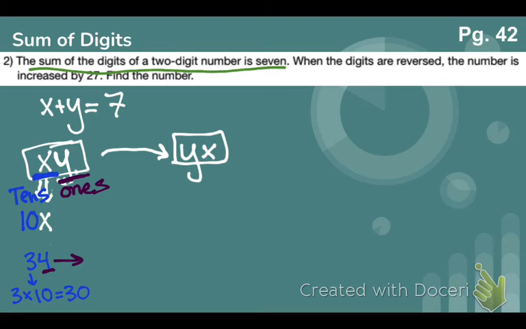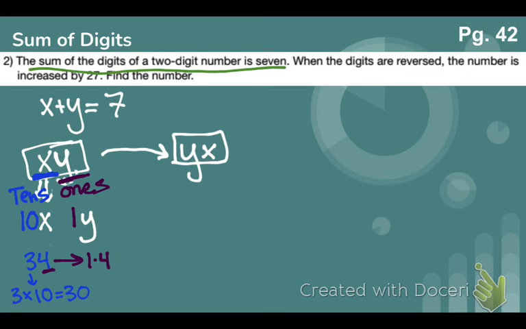So it's just 0 plus 4. What did we use for the tens place? What operation? Multiplication. So it would be 1 times 4. So when we have our y, we multiply by 1.